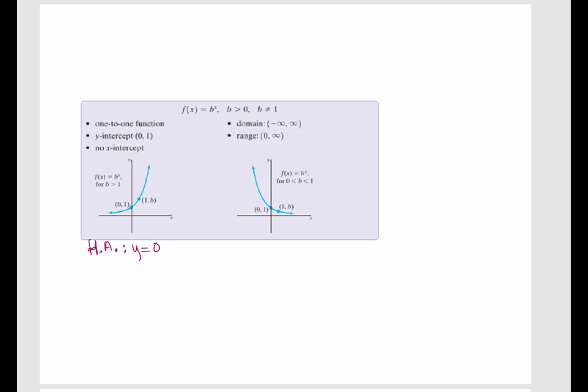Notice that they're both one-to-one functions. They both have a y-intercept of (0, 1). Neither of them has x-intercepts because we have a horizontal asymptote at y equals 0. They both have a domain of negative infinity to infinity and a range of 0 to infinity, not including 0.